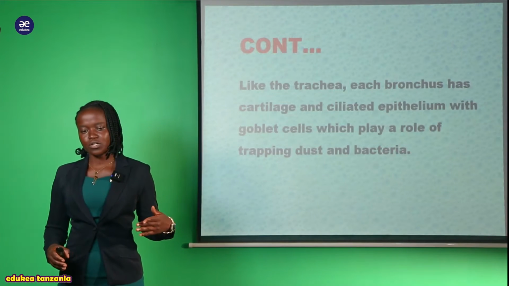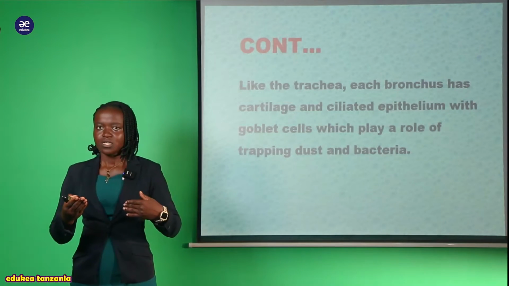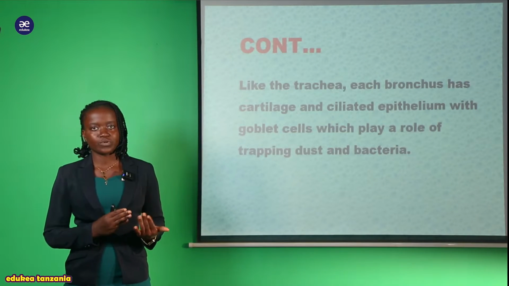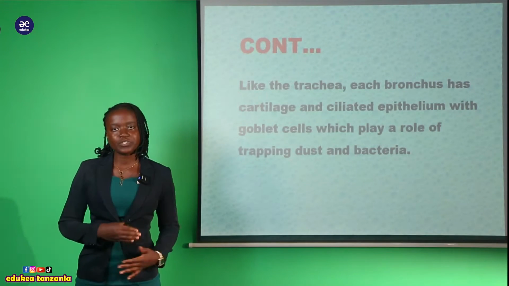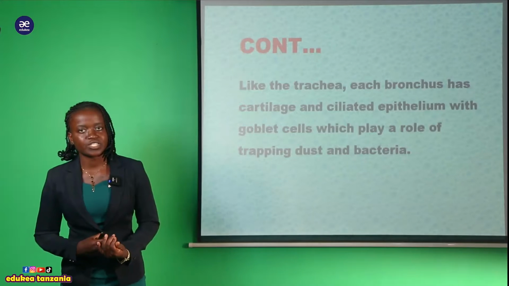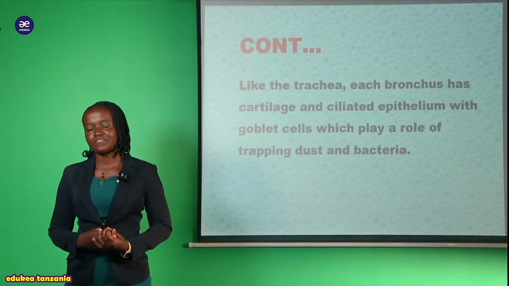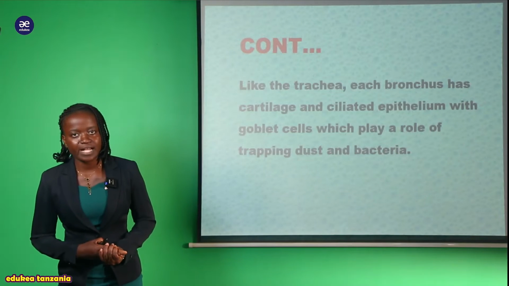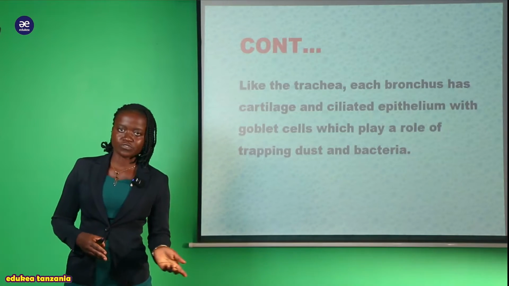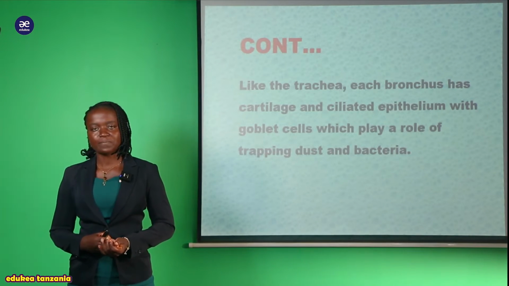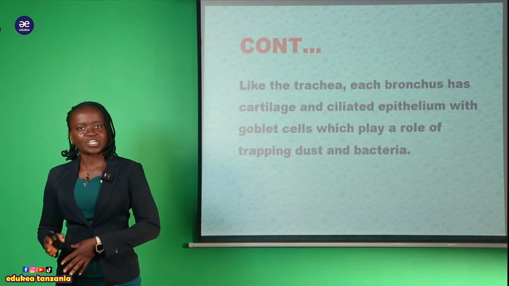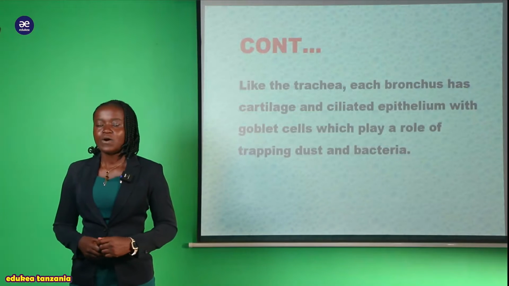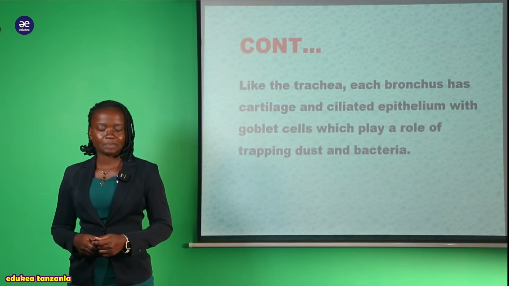So the contents found in the trachea are also the same as those found in the bronchus. That means that in the bronchus there is also a presence of cartilage, and also ciliated epithelium composed of goblet cells, which are involved in the production of mucus which helps to trap any dust, any germs, and any kind of bacteria that might enter with the air.